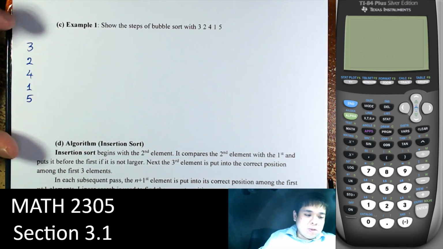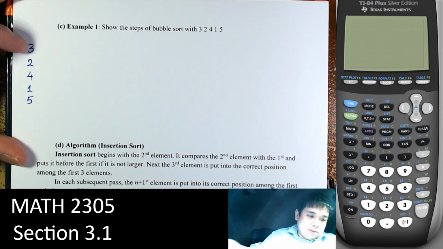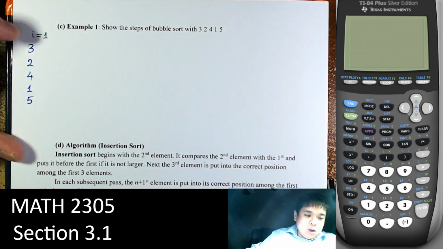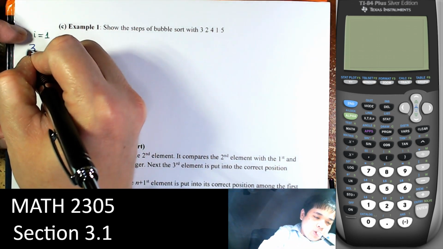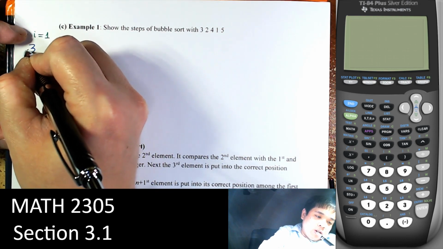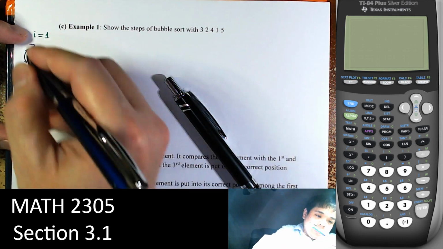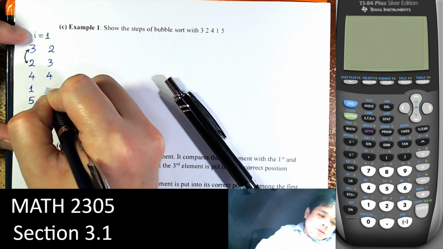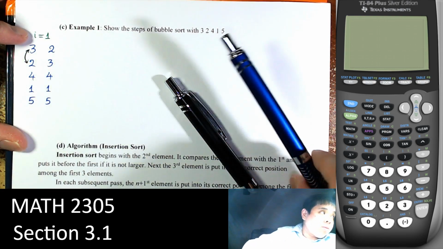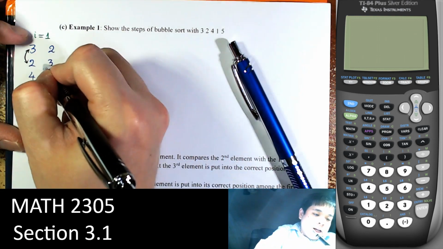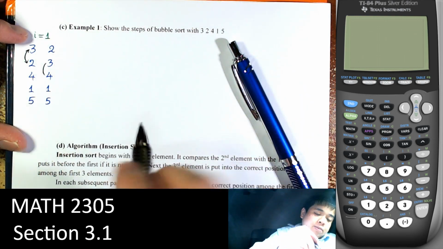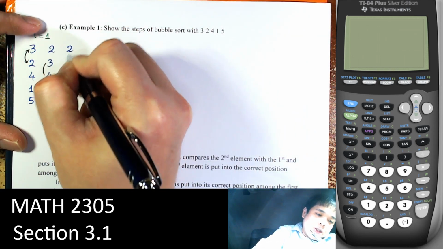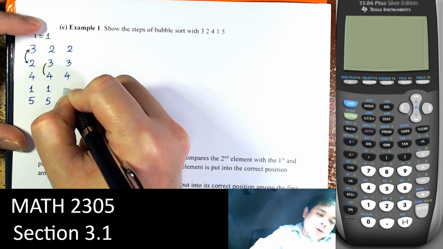First, i equals 1. So focus on that, and now we swap this because the order is wrong. And then this is the correct order, so we don't do anything. And so that will be 2, 3, 4, 1, 5.